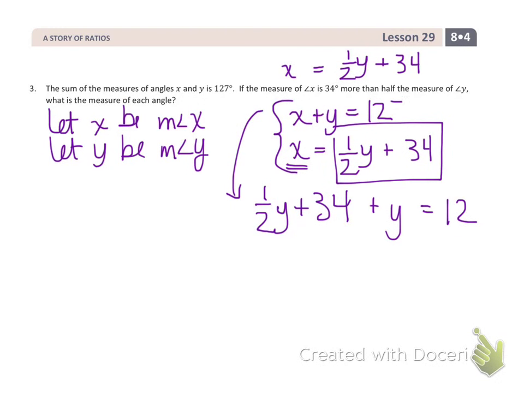I'm so sorry. I don't know why I didn't have that 7 on there. X plus y isn't 12. It's 127. Okay, so that makes a little more sense.